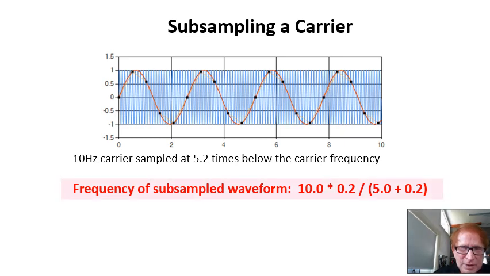The frequency of this subsampled waveform is formed from three parameters: the original carrier frequency, which was 10 Hertz, the whole value of the subsample period, which is 5, and the added fraction to the whole value, which is 0.2.